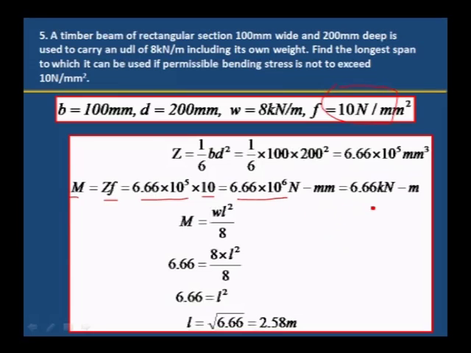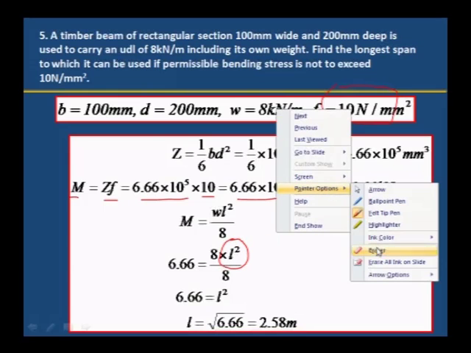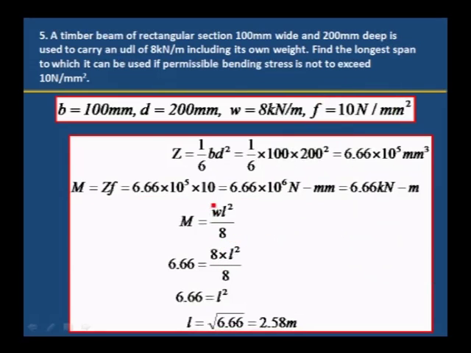That Newton mm you have to convert into kilonewton meter, because further we are determining the span in meters, and also we are substituting the W value as kilonewton per meter. We are not converting W into Newton per mm; we are substituting directly as kilonewton per meter. That is why you have to convert the M value into kilonewton meter. Now M is equal to WL square by 8 for the simply supported beam carrying a uniformly distributed load.